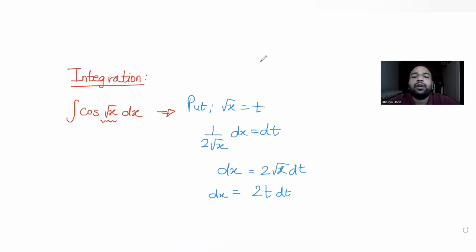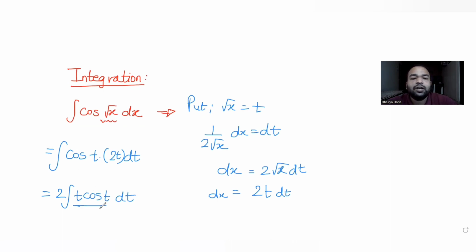Now if I reframe my question of integration, it becomes integral of cos t, and dx I will write as 2t dt. So now my integral becomes 2 integral of t cos t dt. Now when it is t into cos t, basically it is nothing but a product of two functions, right?